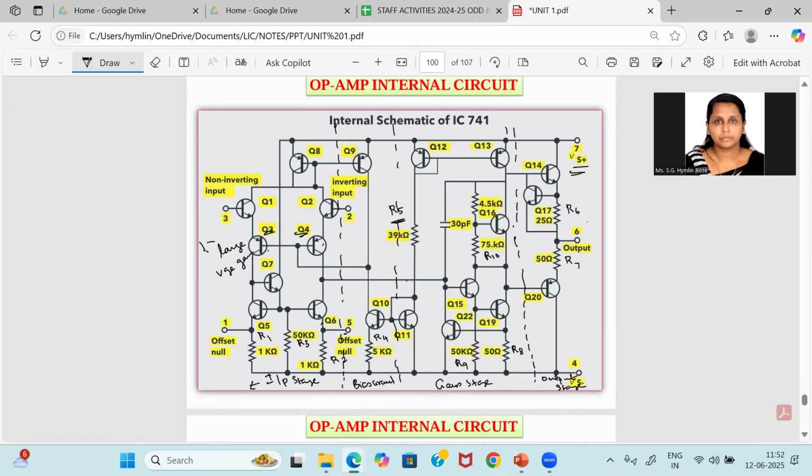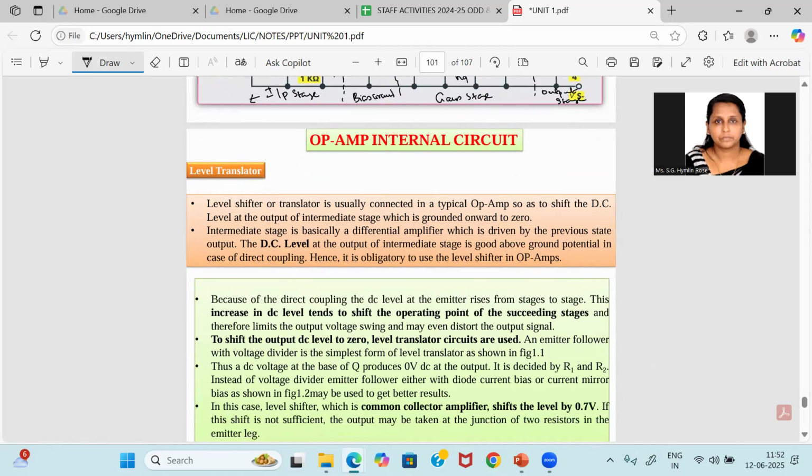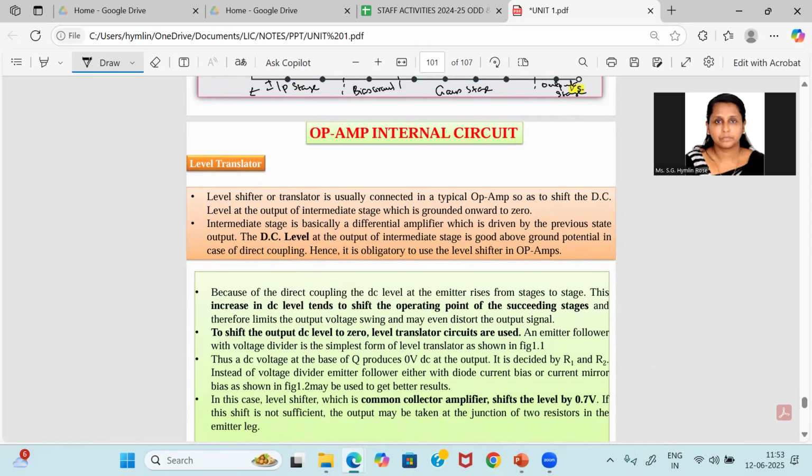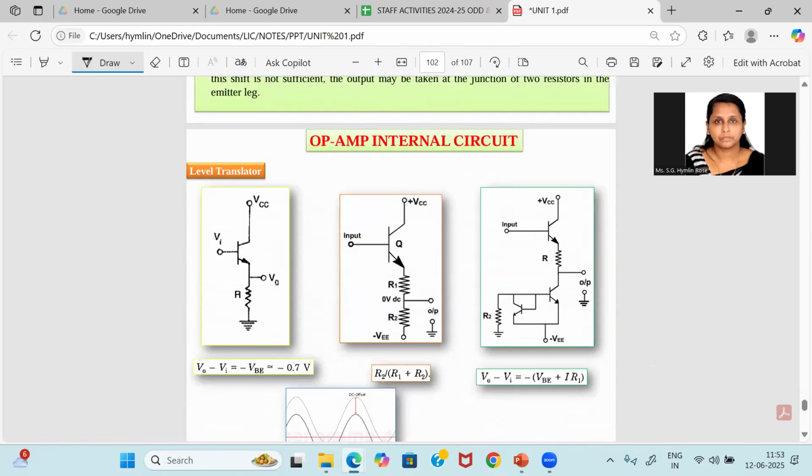A level shifter, or level translator, is usually connected in a typical op-amp so as to shift the DC level at the output of the intermediate stage, which is nothing but your gain stage, towards zero. The intermediate stage is basically a differential amplifier driven by the previous stage output. This is like a level shifting transistor, and this is its structure.